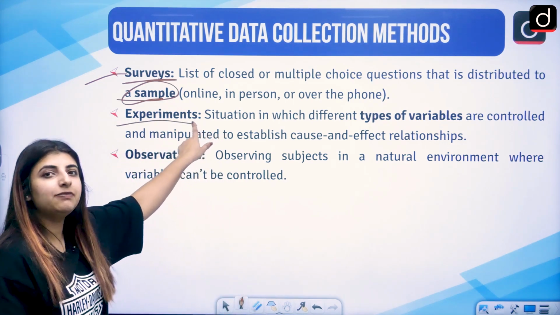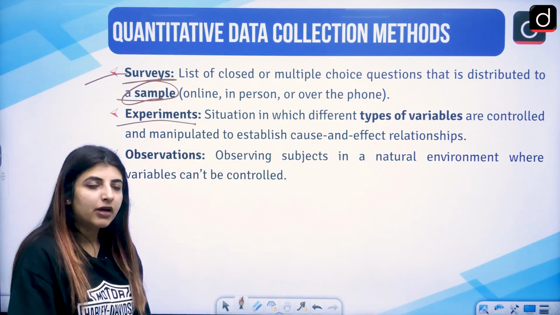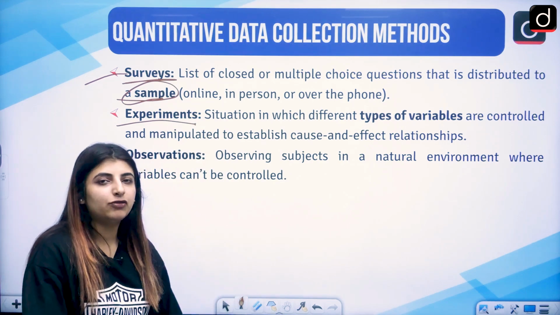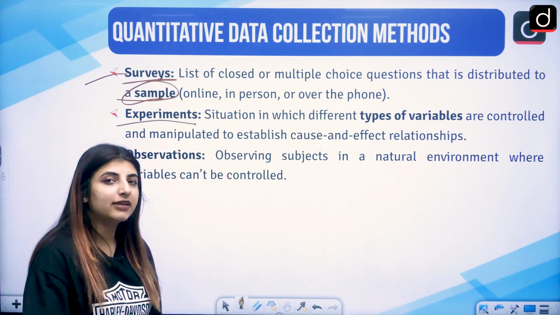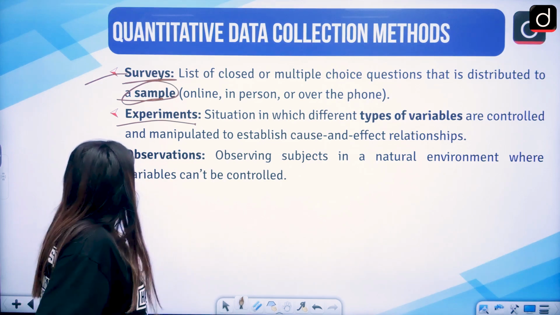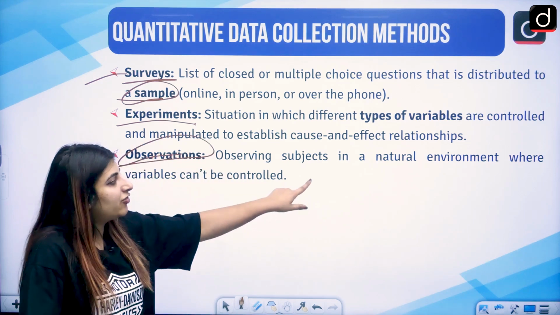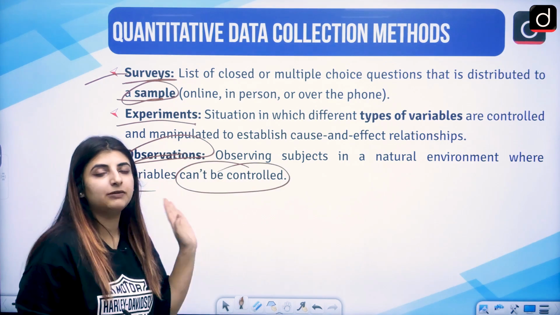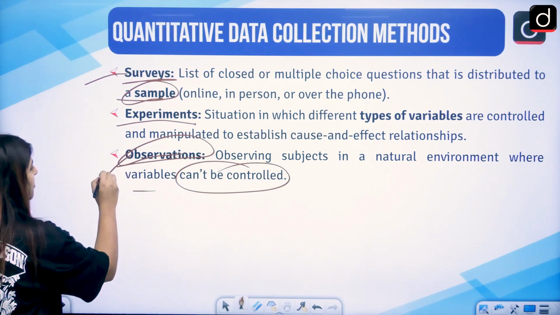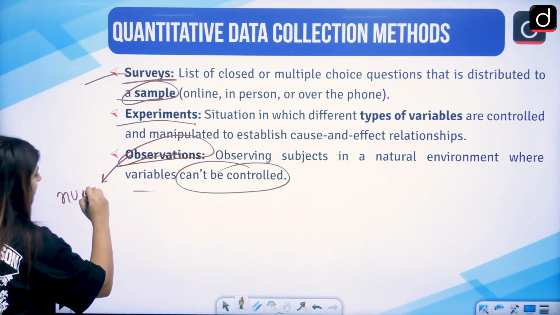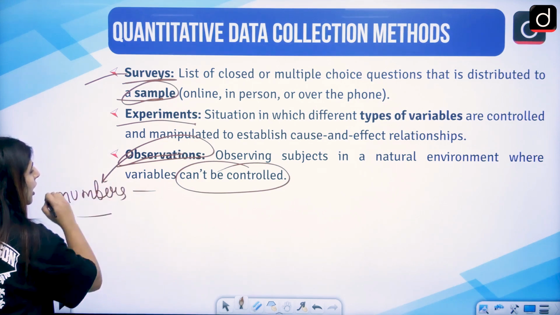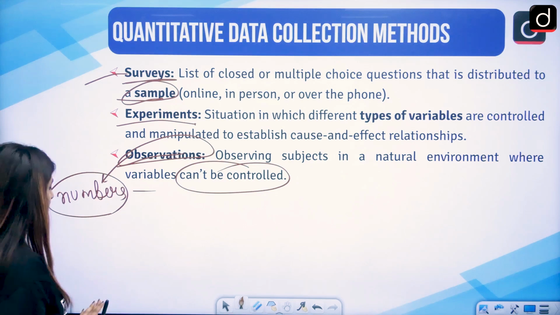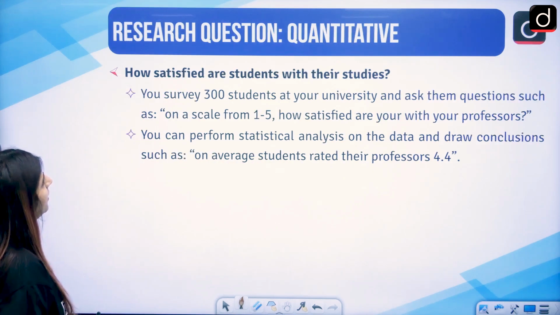Experiments: any experiment which is conducted in the lab. Let's just say for a new medicine, a new drug, an experiment is being conducted. Observations: natural environment where variables can't be controlled, but this observation, expressed in numbers, should be the case if we are talking about quantitative data collection methods, right?